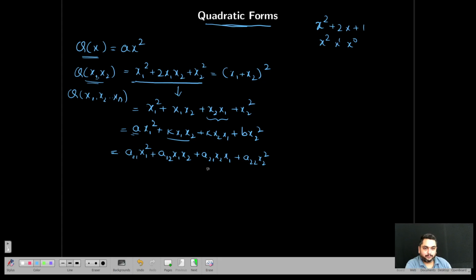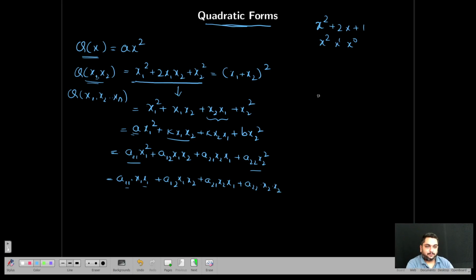So a12, a21 is x2 x1. If I write these, I can expand it as a11 into x1 x1, this remains the same, 2x1 plus a22 into x2 x2. Now, does it make sense?